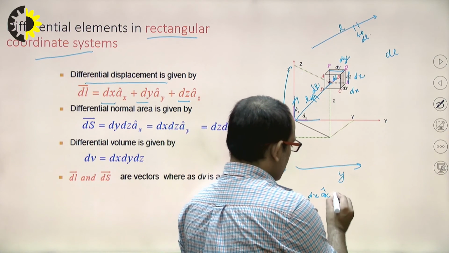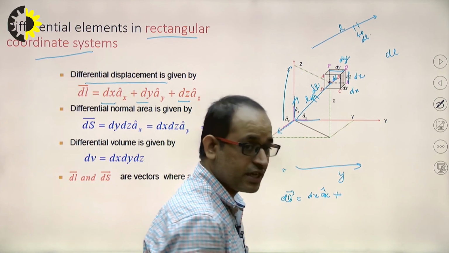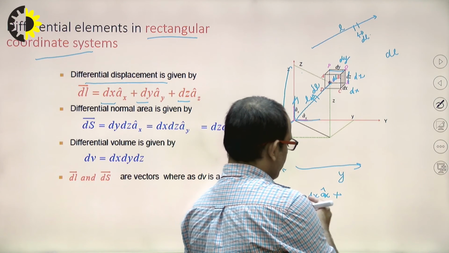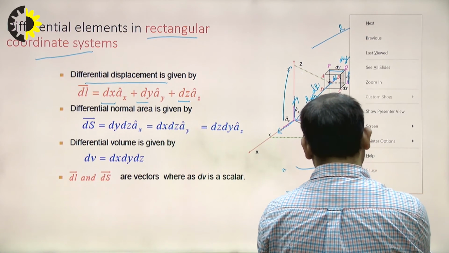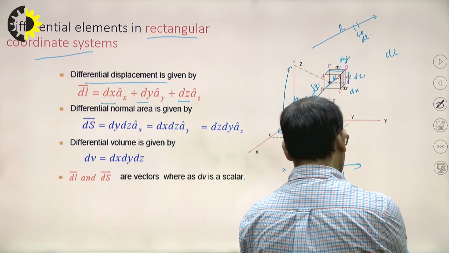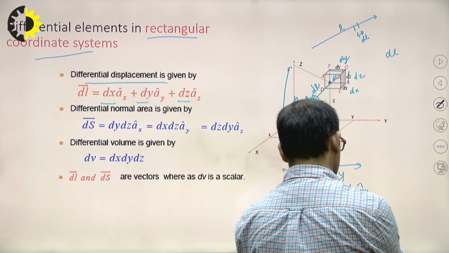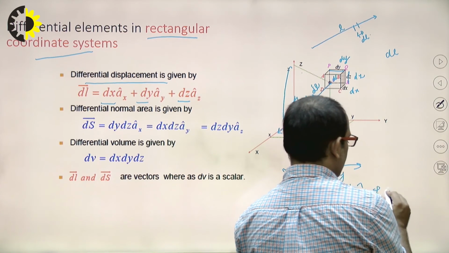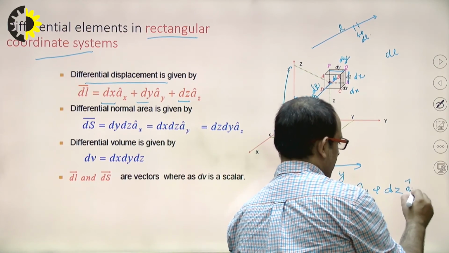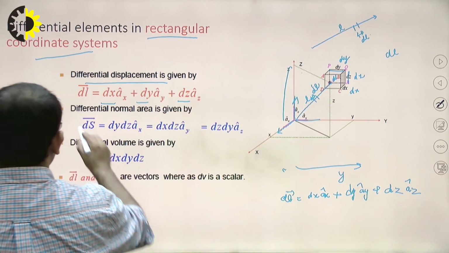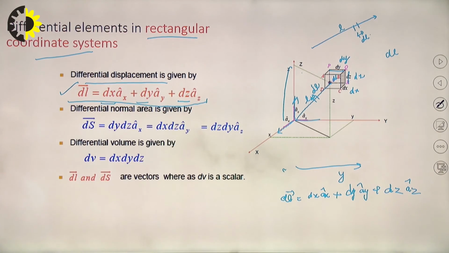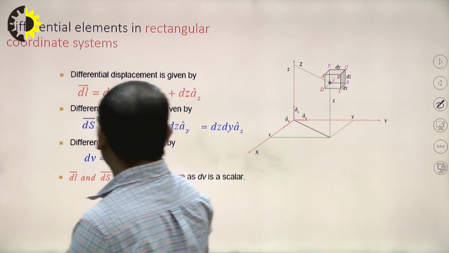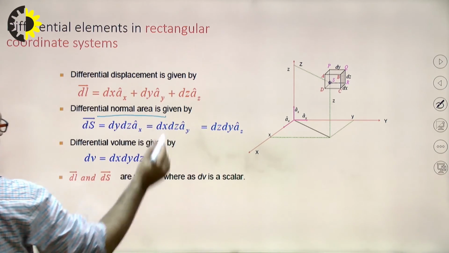Now if y and z are constant and x and z... if y is variable, you will see dy a_y, similarly dz a_z. The differential length will be equal to dx a_x plus dy a_y plus dz a_z.